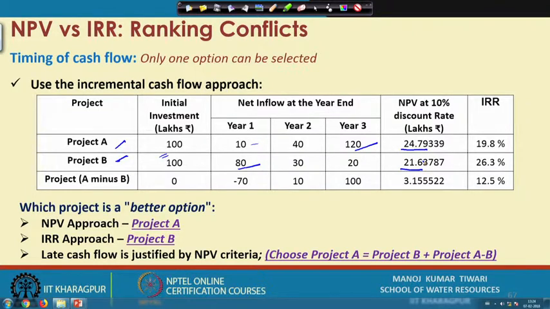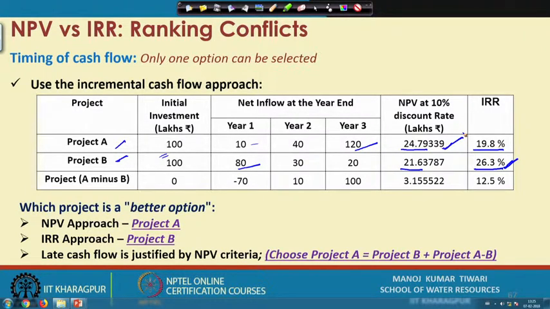If we compute the internal rate of return, project A has a little under 20%, while project B has a little over 26%. So, by going with IRR, project B should be selected, while by going with net present value, project A should be selected. This brings us to another conflict: whether to choose project A based on net present value or project B based on the internal rate of return approach.